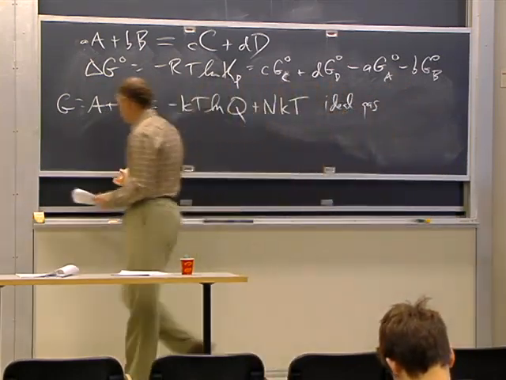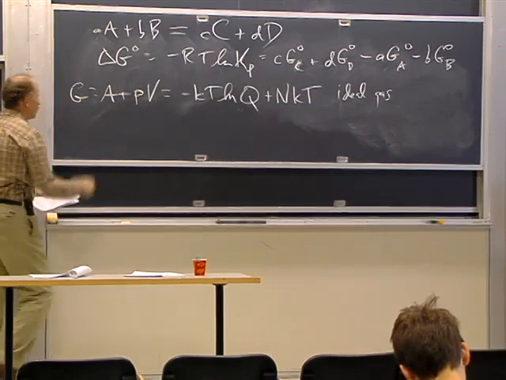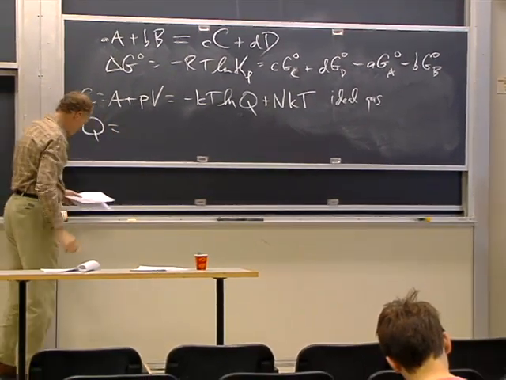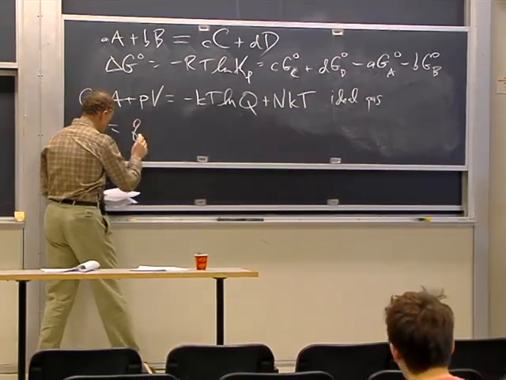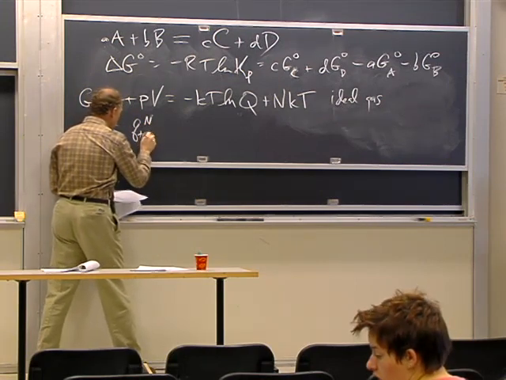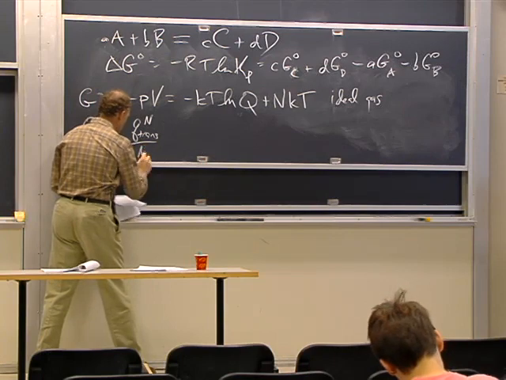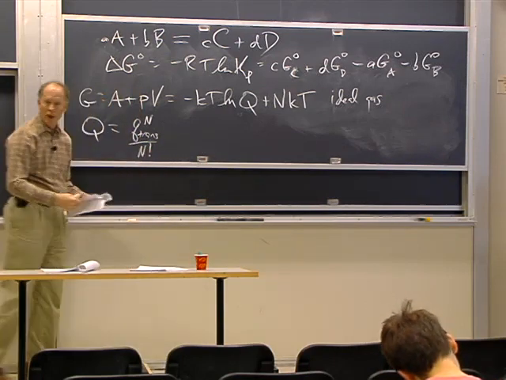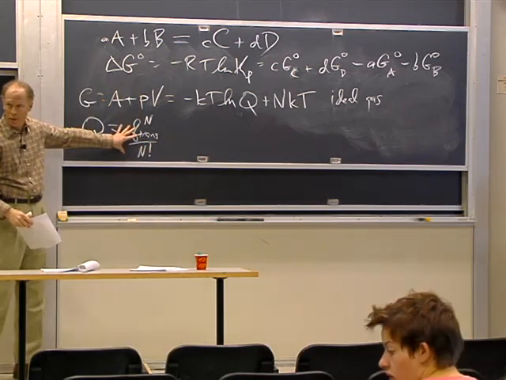And what's Q? Well, we know what Q is. It's little q translational to the n power over n factorial. For atoms, this is all it would be.